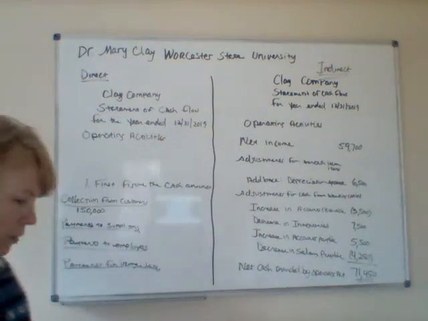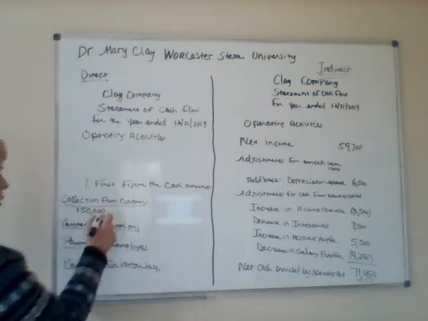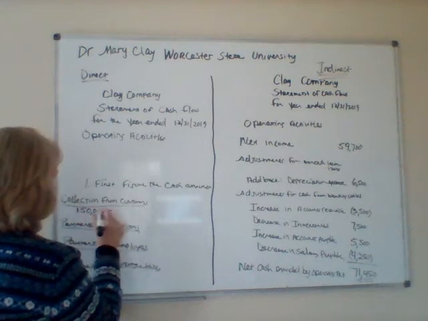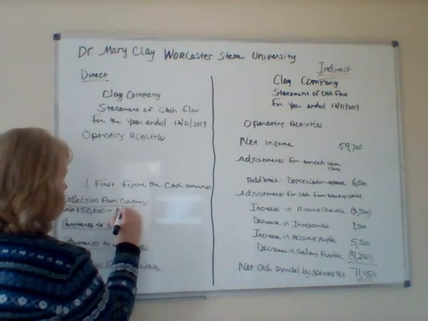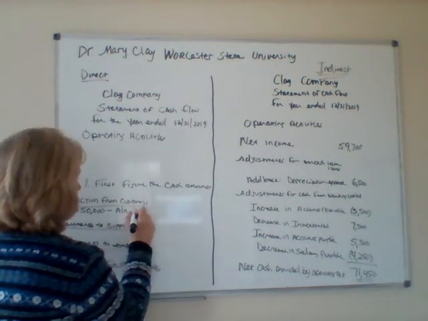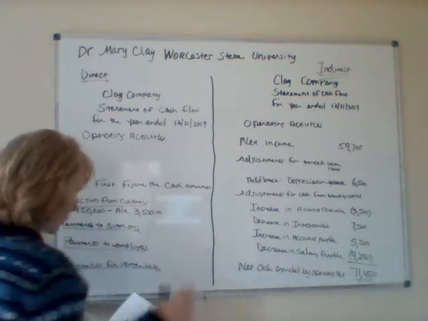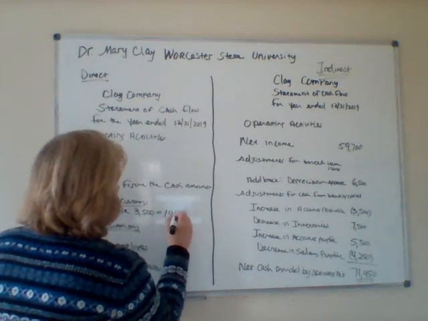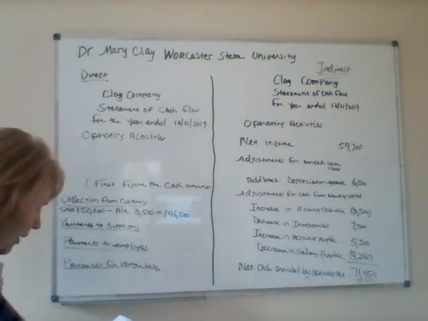All right, so accounts receivable increased, so it's not logical. So this is sales minus accounts receivable, because it increased, and that's $3,500. So your total collections are $146,500. Okay? Got to do this first before we put it together.